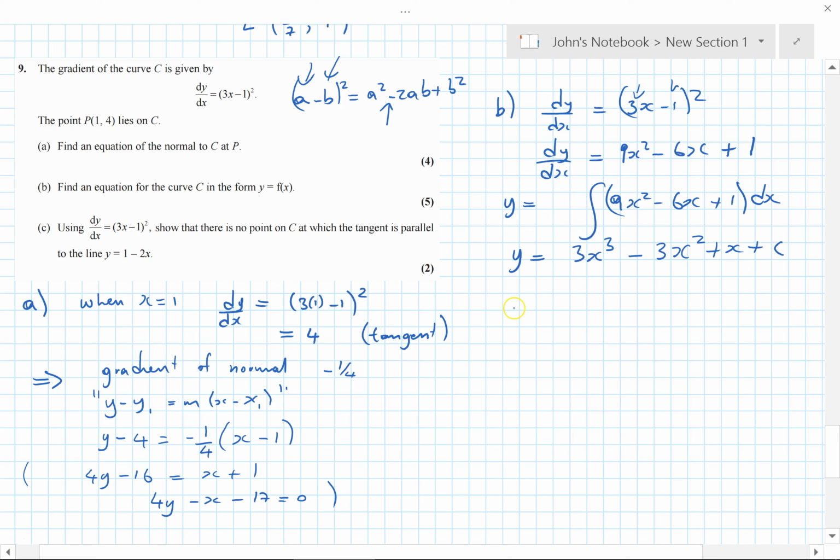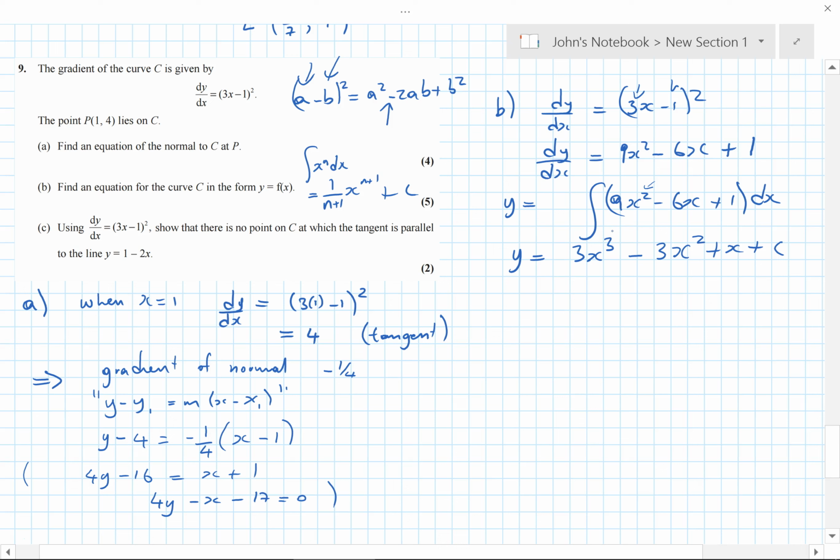Probably did that without explaining what I'm doing, because I'm sure most of you know what I'm doing. Basically we're using the integral of x to the n dx is equal to add 1 to the power, divide by that number, plus c. So for the 9x squared, for this 2 here, I added 1 to the power, that's 3, and divided the 9 by that and got 3.